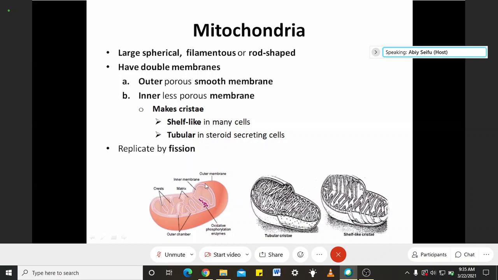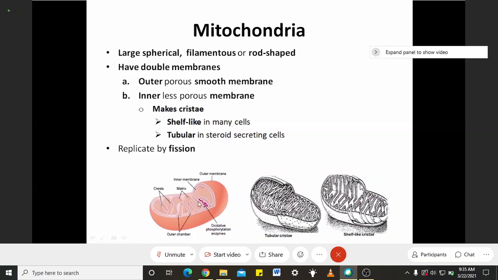But the inner membrane is thrown into folds, inward projections to increase surface area. It has some folds which may be tubular or shelf-like, and these foldings are named cristae. Crista is singular. Cristae, when you add E, is plural.